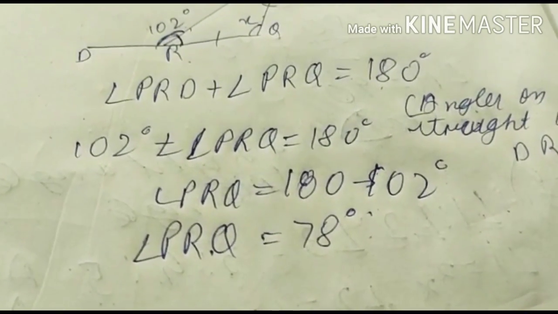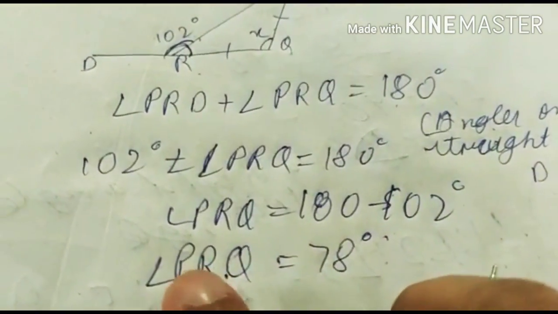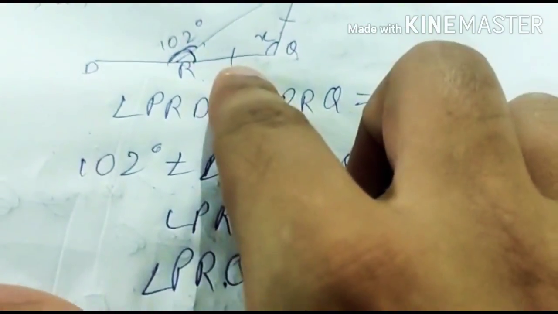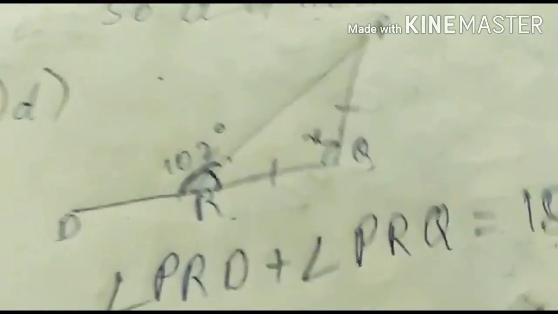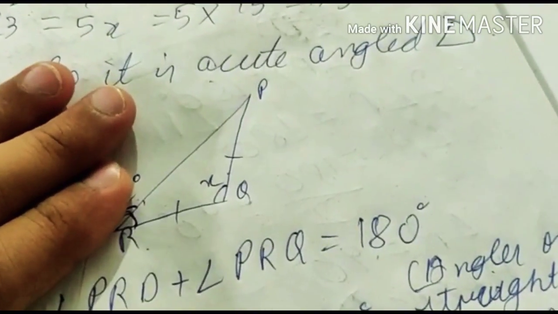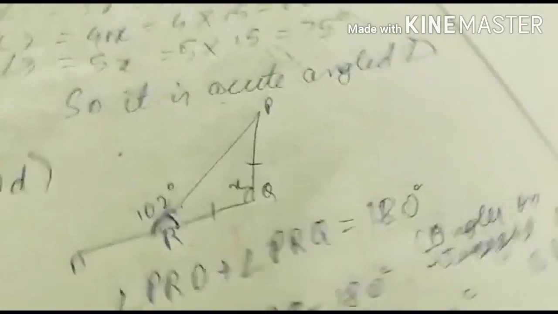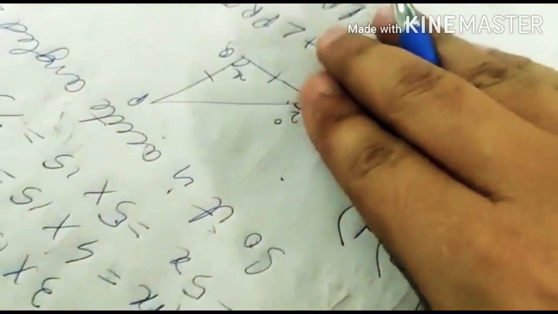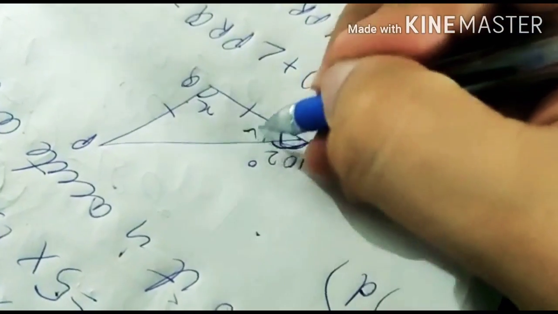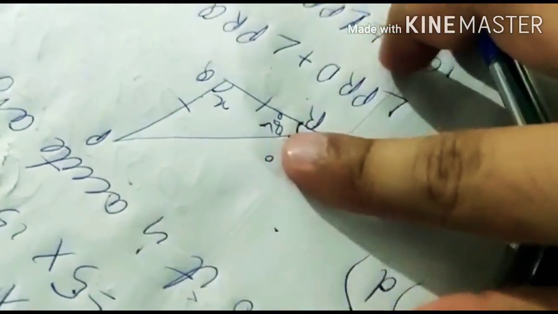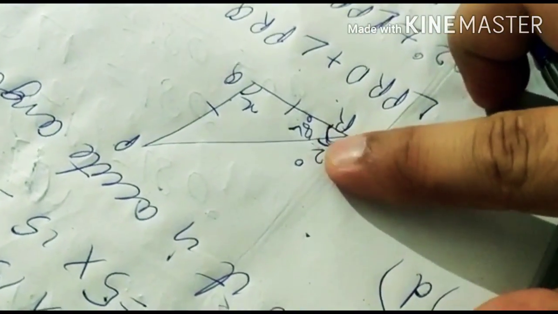Now one point is to be remembered. This being 102 degrees and this is 78. Here if we see in this triangle, these two sides are equal. If we rotate the figure and see it this way, this is 78 degrees.